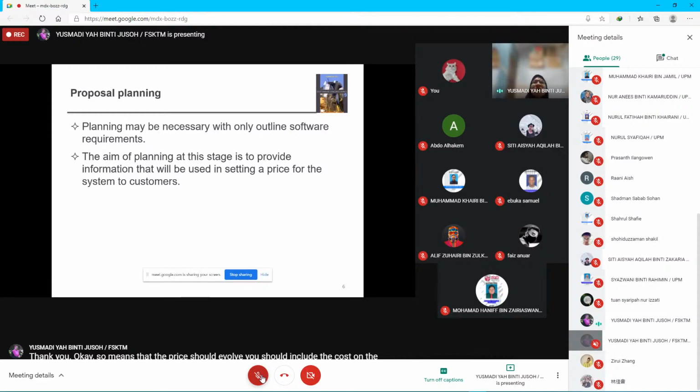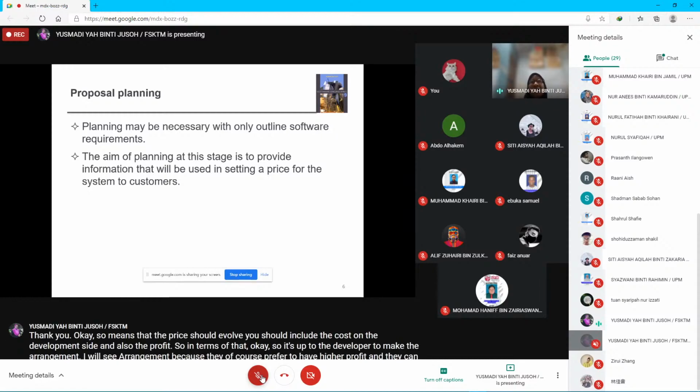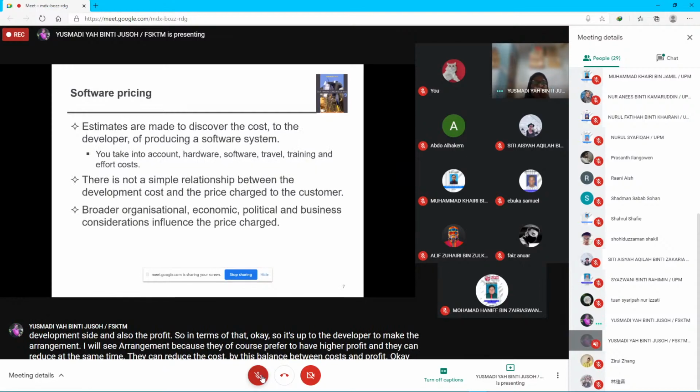They, of course, prefer to have higher profit, and at the same time they can reduce the cost. But this balance between cost and profit should also bear in mind that it does not influence the quality. You want to produce quality software, a quality product.